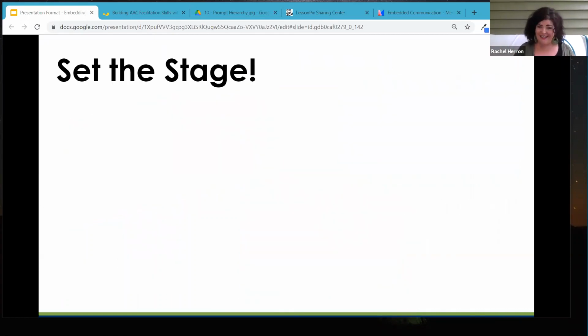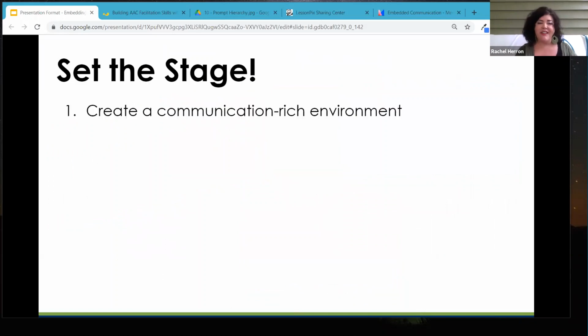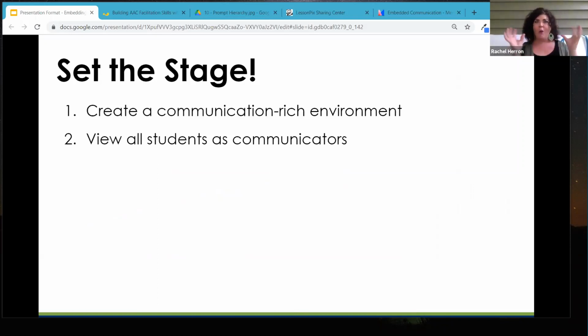So setting the stage, we have lots of different things that we're looking at when we're setting the stage for your classroom environment. And the first one is a communication-rich environment. So you are really thinking about how kids communicate and how you can incorporate that communication in every single environmental experience. Viewing students as communicators, presumed competence.